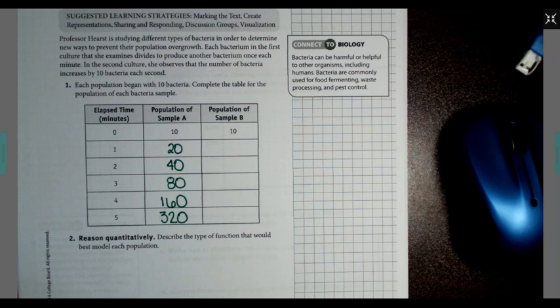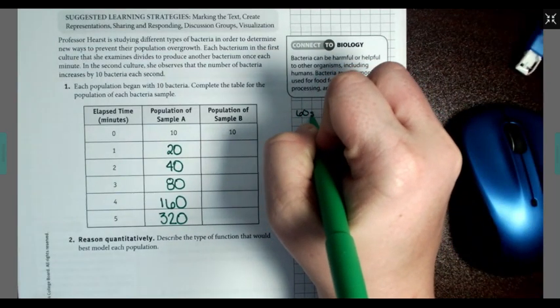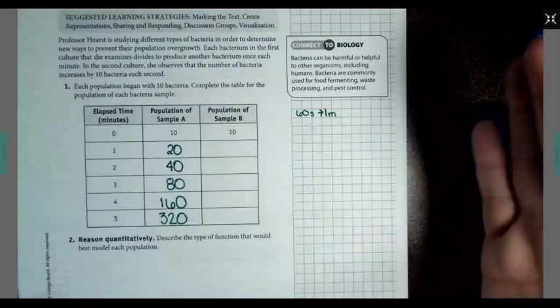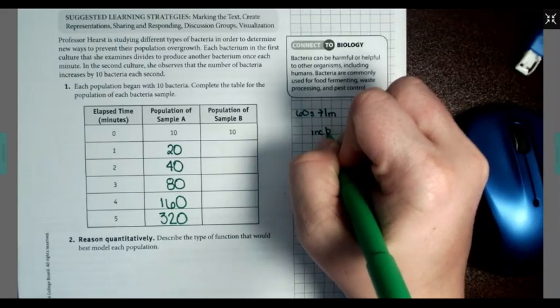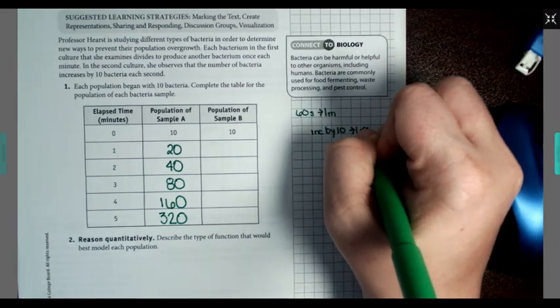So that means that it increases by 10 60 times. 60 seconds equals 1 minute. So it is increased by 10, increased by 10, 60 times.